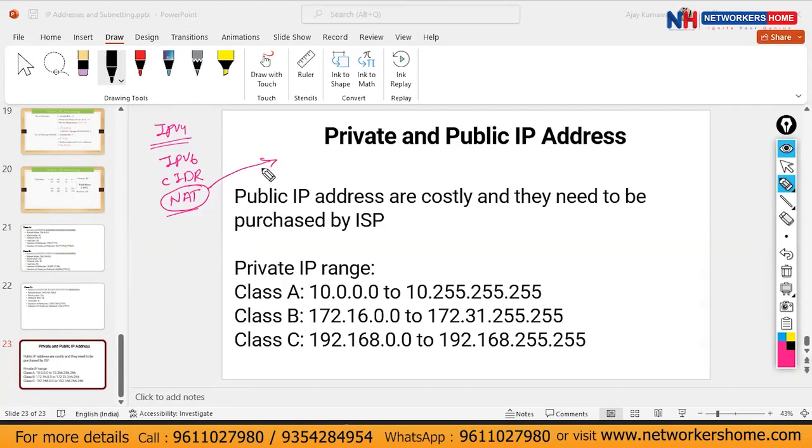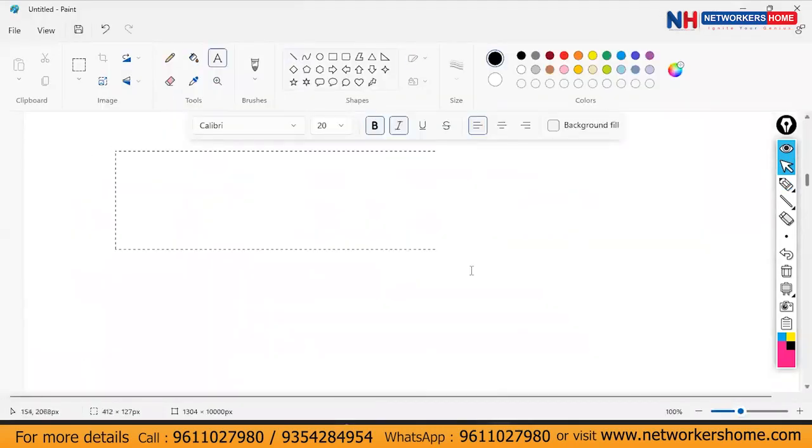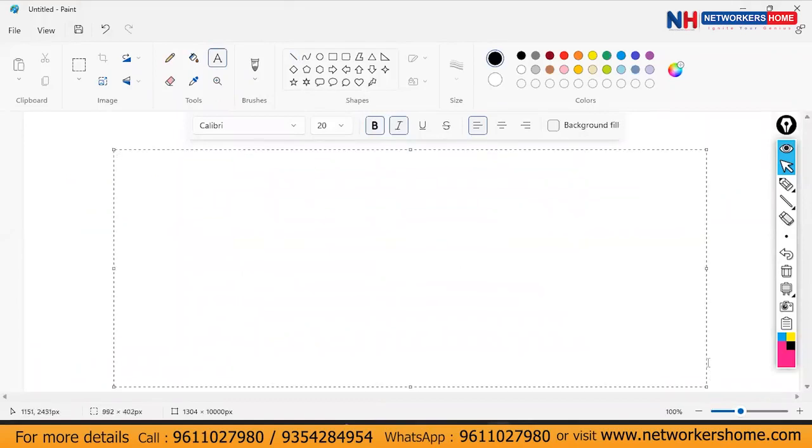And this NAT technology allows the use of your private and public addresses. So means your IPv4 addresses have been divided into private addresses and public addresses. So what are the private addresses and what are the public addresses? See, if I give the difference, let me just open the paint. So I'll give you slight difference between public and private.